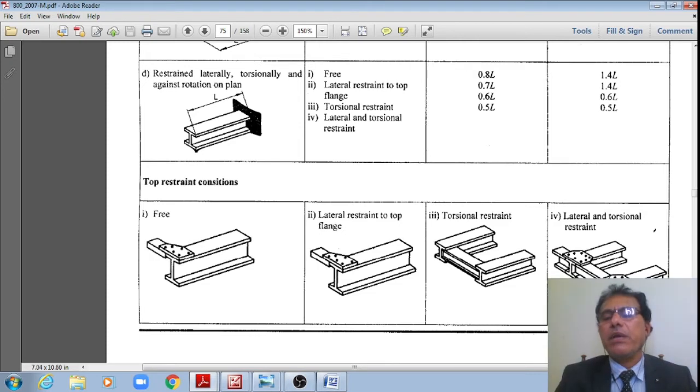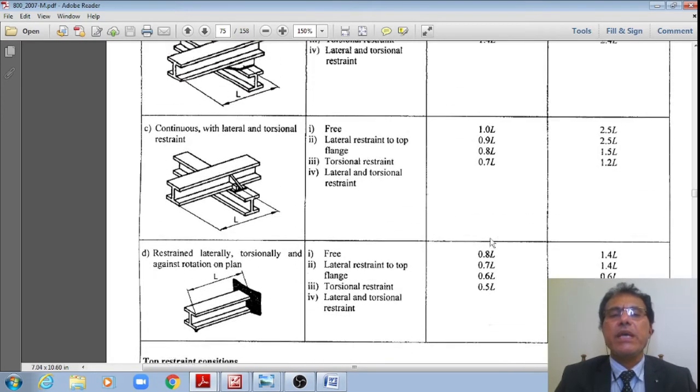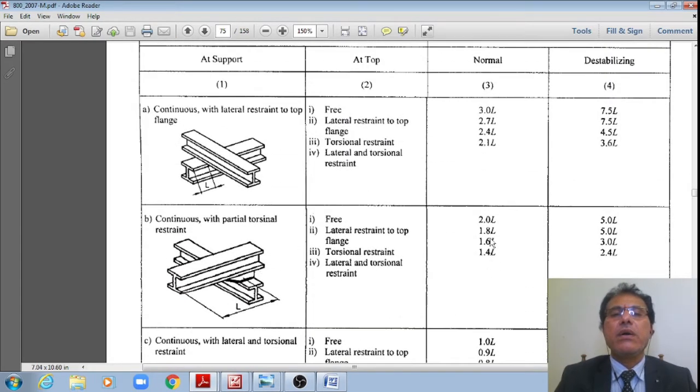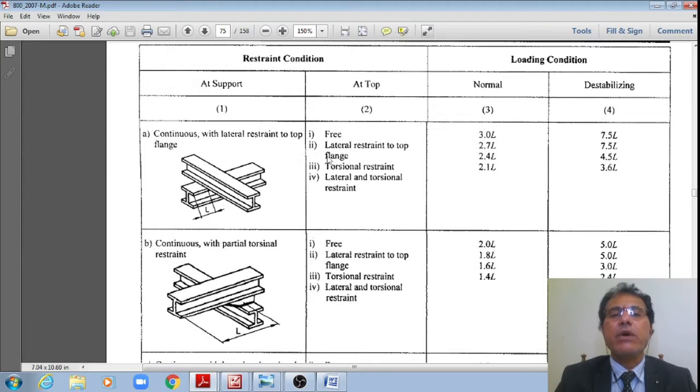Therefore they cannot rotate because of this provision of the beams in the lateral direction, and also by the rigid connections by means of the bolts, right? Therefore these are the four conditions for the four different conditions at the top. Now I have, for continuous with lateral restraint at the top plane, if free under normal loading condition, 3L.